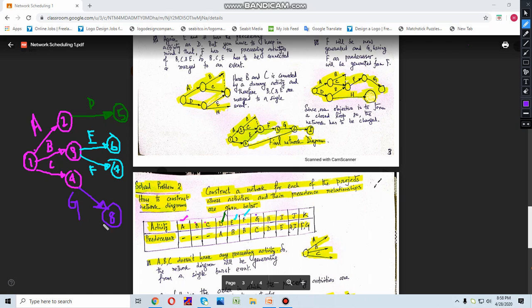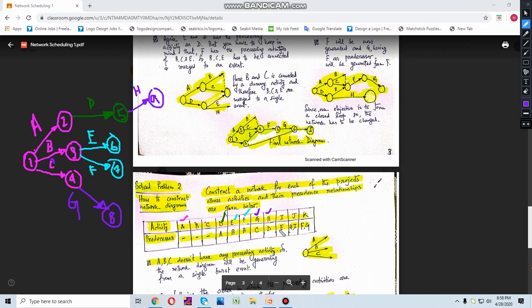So G has been generated from C. Okay, so we are done with G. Move on to H. H has the immediate predecessor as D. So from D it will be H.